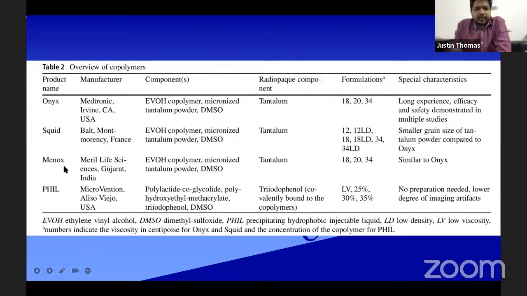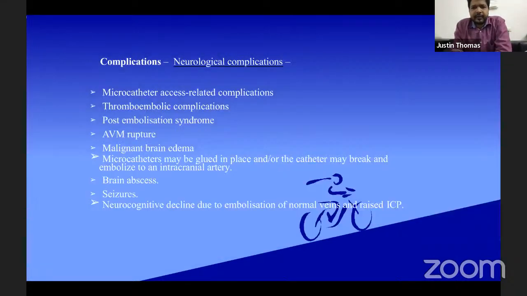Menox is an Indian-made version of onyx, and PHIL is a different combination of this ethylene vinyl alcohol, and the radiopaque material used in PHIL is different. And the advantage is that it is of low density and there is a lesser degree of imaging artifacts.